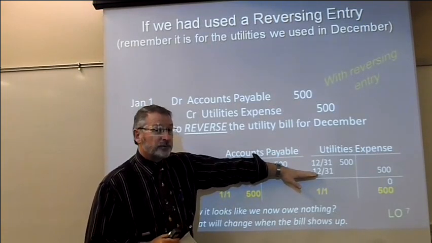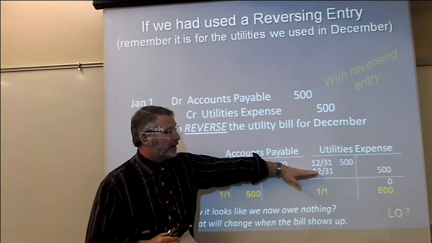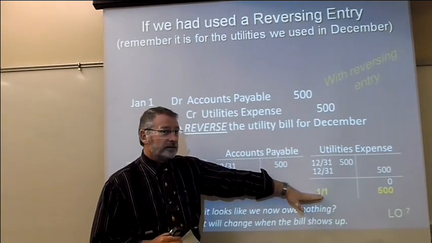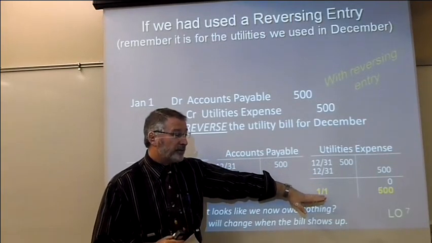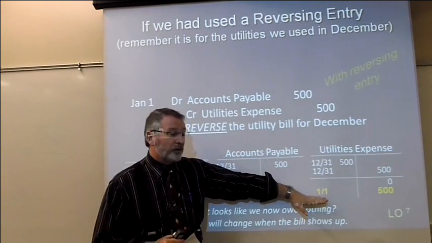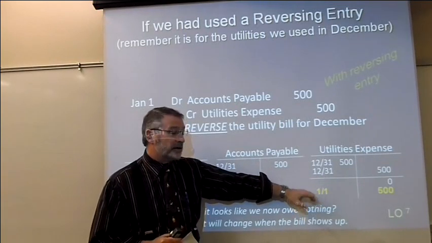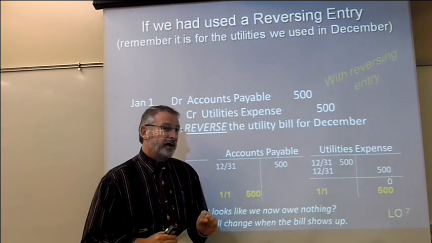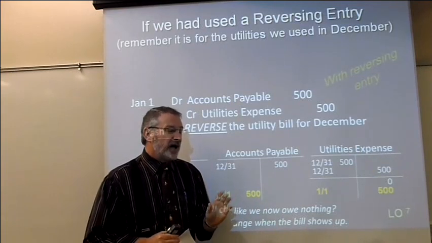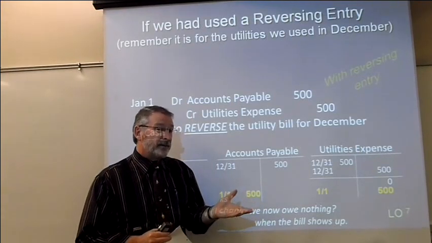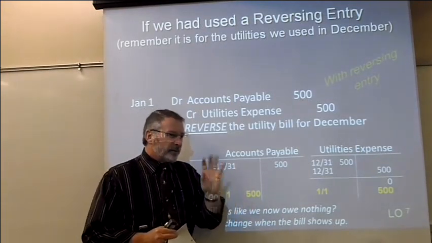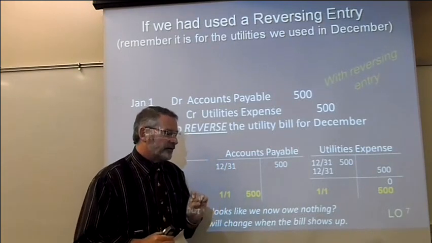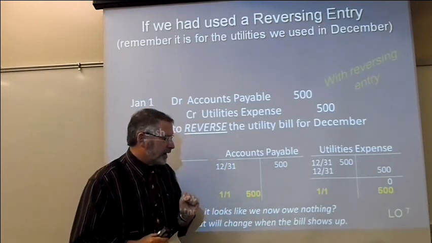On December 31st, we closed that out to zero. Now when we post this reversing entry, we're going to have a credit balance in the utilities of $500, which seems a little odd because expenses normally have a debit balance. It's just a temporary situation that exists because of closing or reversing entries.